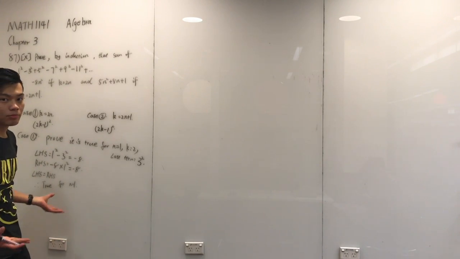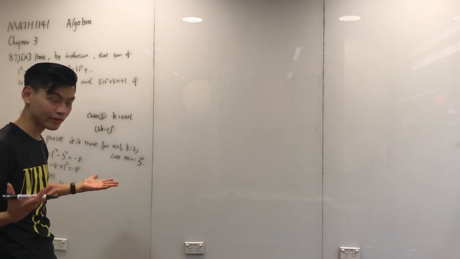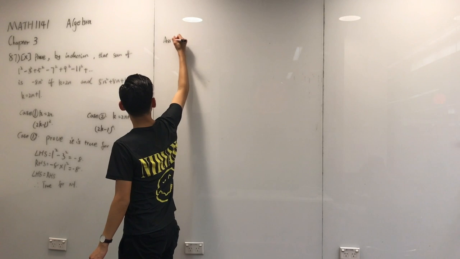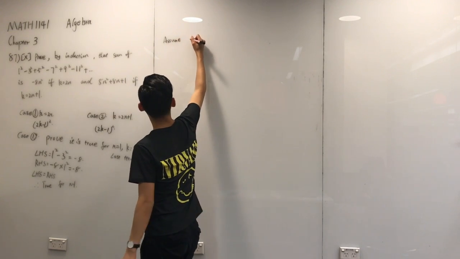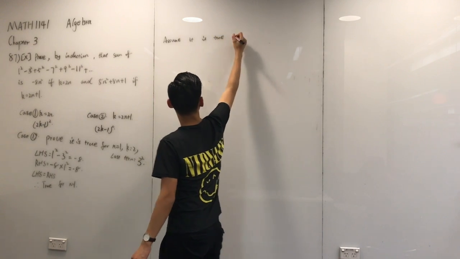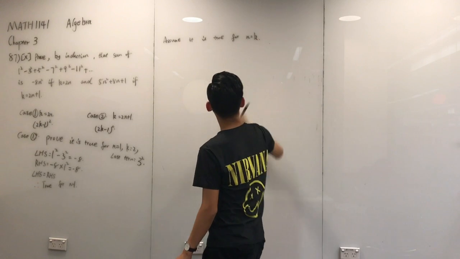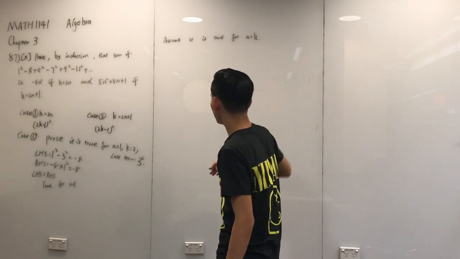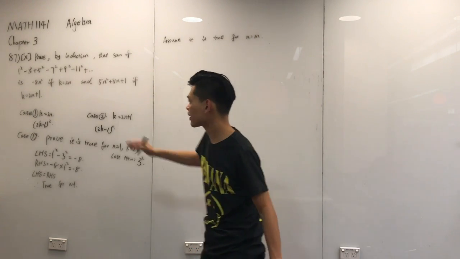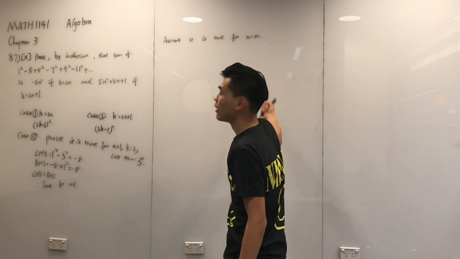So what's the next step? Obviously we need to assume it is true for n equals k. Right? No, I mean n equals m, because we have k here, so we need to choose another variable.